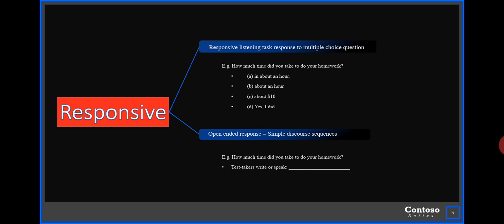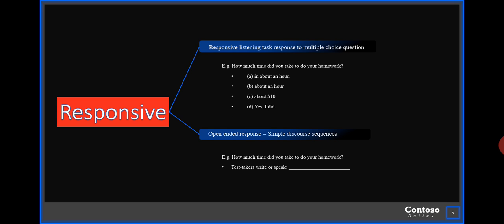The purpose is recognition of a WH question and its appropriate response. For example, how much time did you take to do your homework? A is in about an hour, B is about an hour, C about $10, and D, yes, I did.